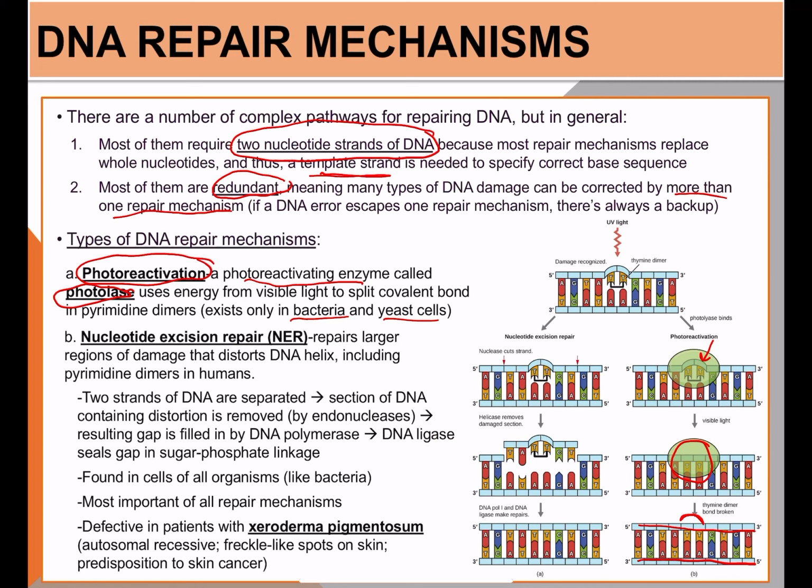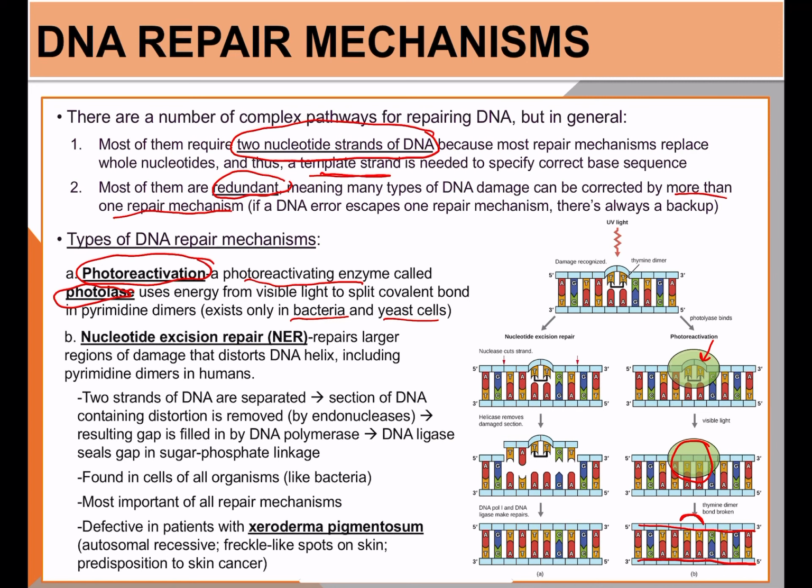So nucleotide excision repair, known as NER, is like a gene editing program, if you think about it, that we have to intrinsically fix misspelled letters. It tends to repair larger regions of damage that distort your DNA helix, not just pyrimidine dimers, but also a repeated sequence that's wrong, or multiple nucleotides within your codons that are wrong, within your DNA sequence.